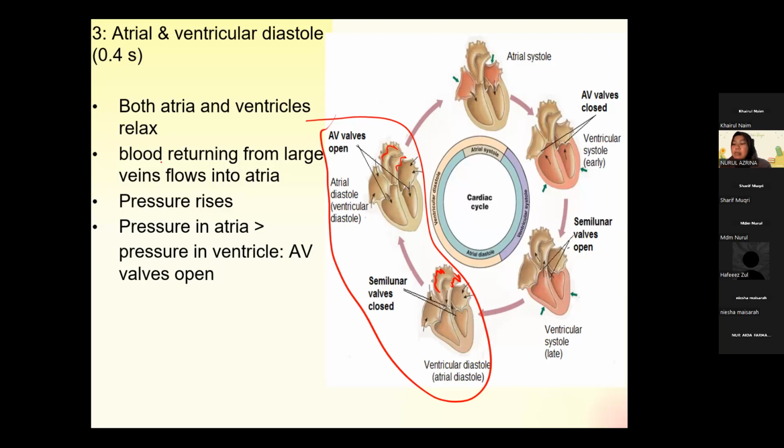So next, blood returning from the large vein flows into the atria. Since our atria is relaxed, blood will flow into the atrium from the large vein, daripada vena cava ataupun pulmonary vein.